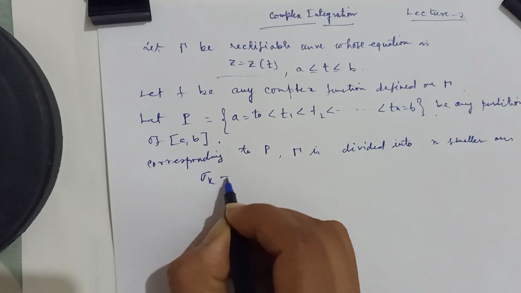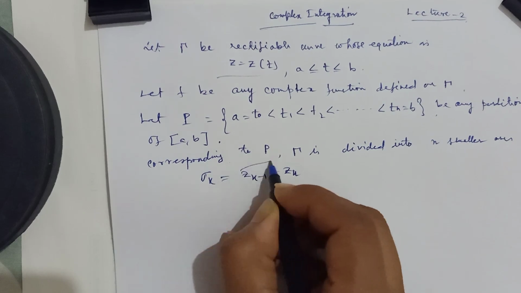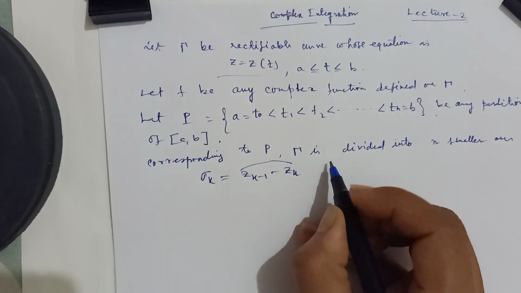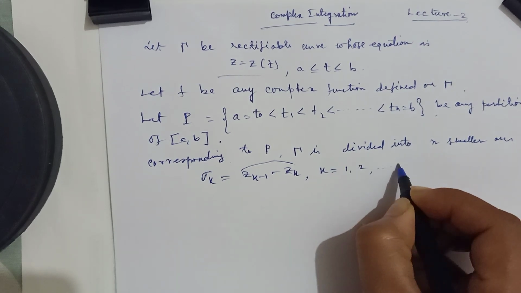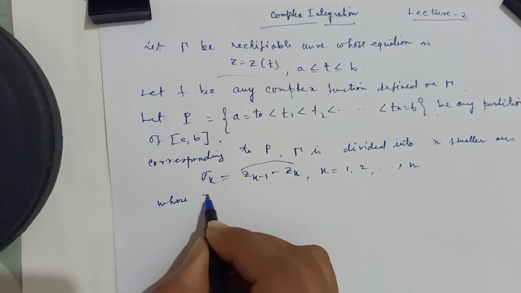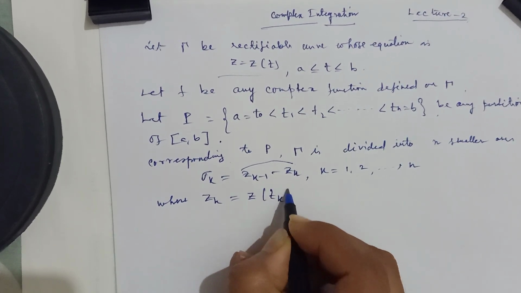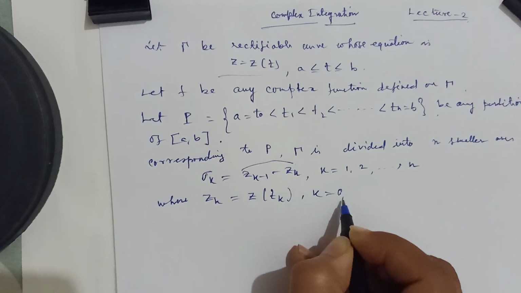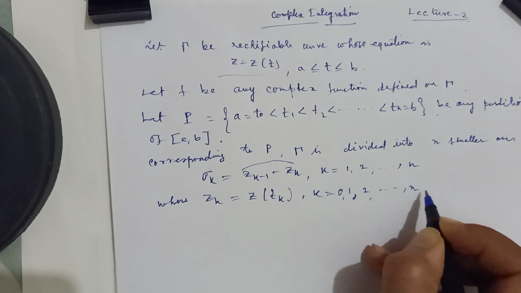Suppose sigma k equals to zk minus zk minus 1, where k equals to 1, 2 up to n, and here zk equals to z of tk, where k equals to 0, 1, 2 up to n.